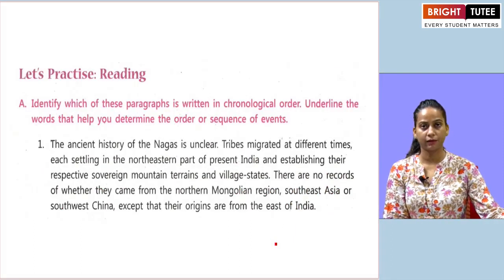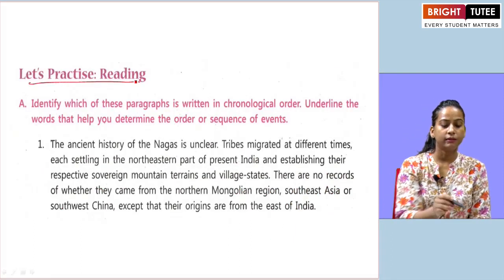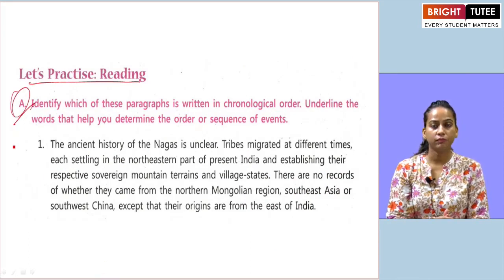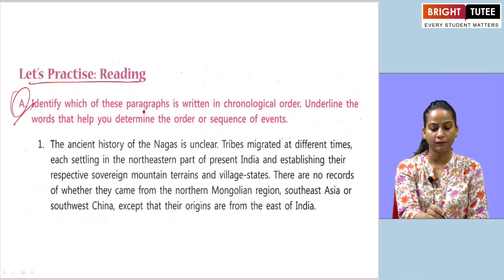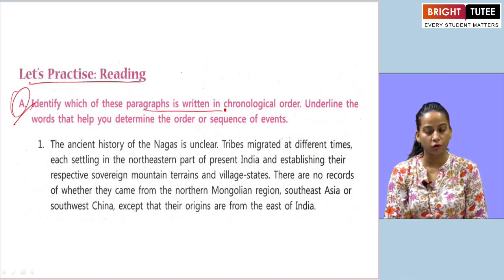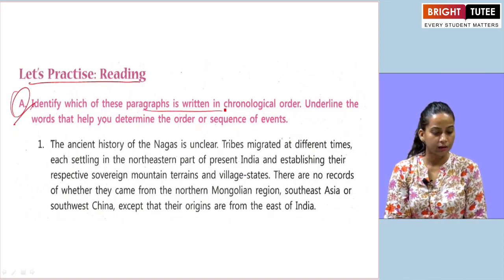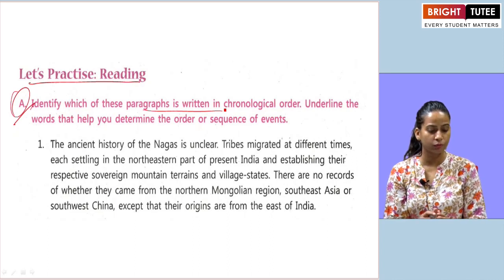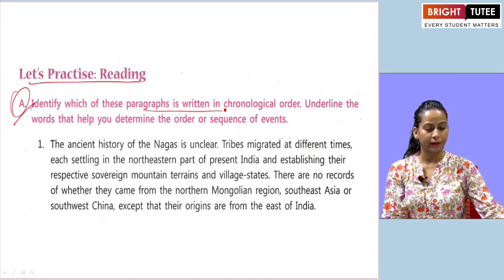Let's start with that. Here, let's practice reading. This question is given here. We need to identify which of these paragraphs is written in chronological order. Underline the words that help you determine the order or sequence of events. So, what do we have to do?